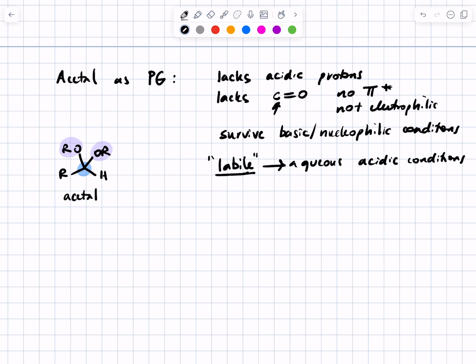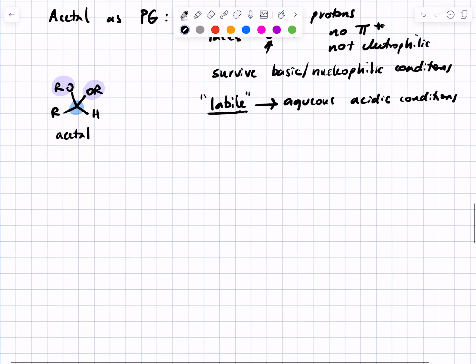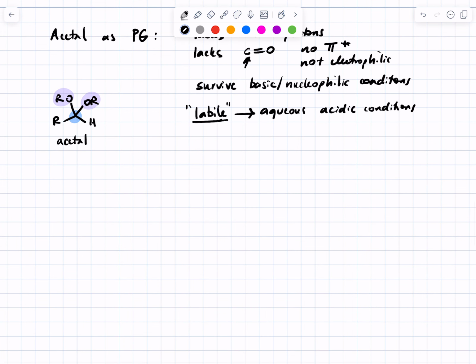So let me show you an example where you might use an acetal as a protecting group. Suppose you have this molecule that has both a ketone and an ester in it.